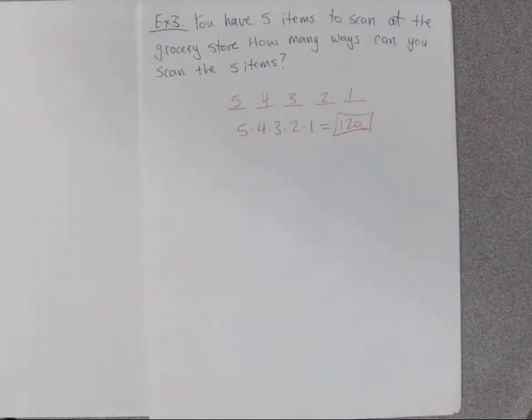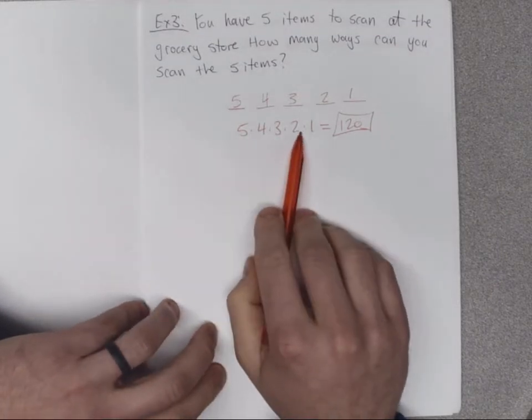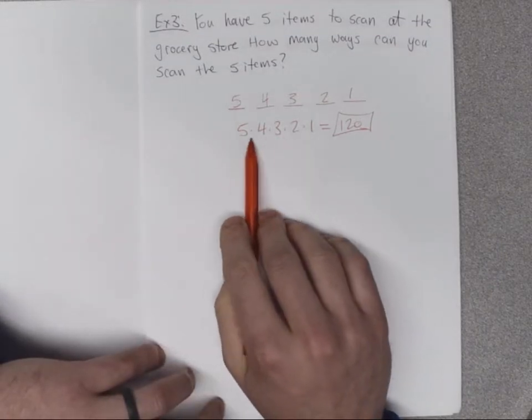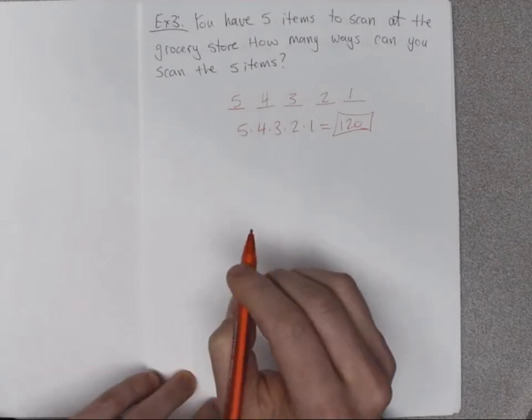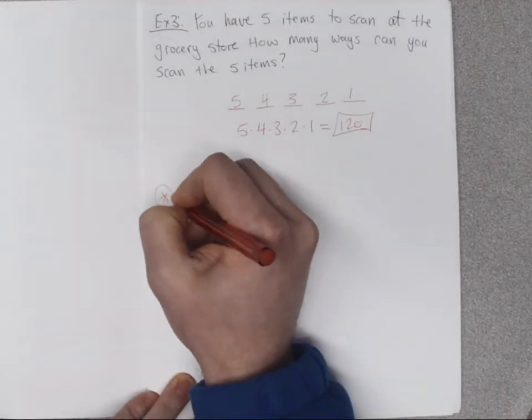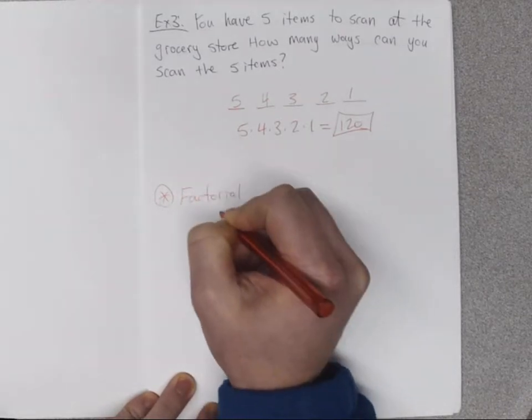I want to talk more about what I just did here to get this answer. Notice that these are consecutive numbers all multiplied together. We're going to be doing this so much that there's a special notation for this, and it's called factorial. We'll be using factorial a lot from now on.